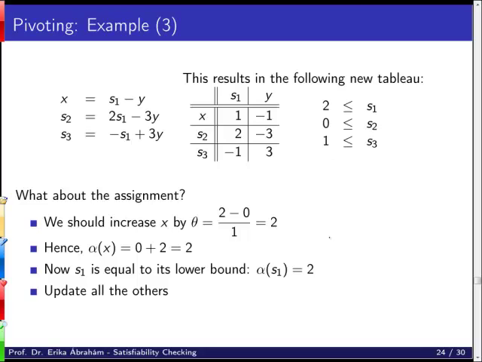This is theta, 2, and if I want to take x for compensation, its coefficient was 1. That means I can change S1 and x in the same manner. If I change the value of S1 with a delta, then I also have to change the value of x with delta to keep the equation, because the coefficient is 1. So that means that also the value of x will be changed by the same value too.